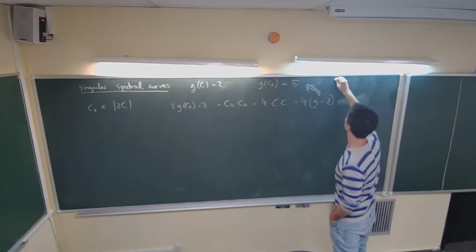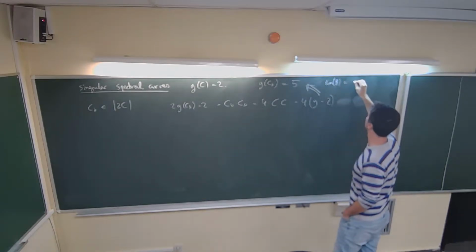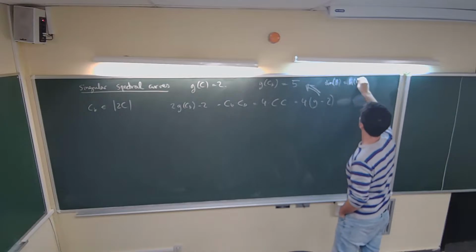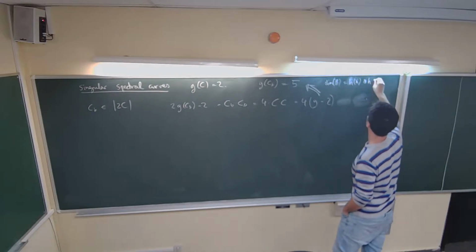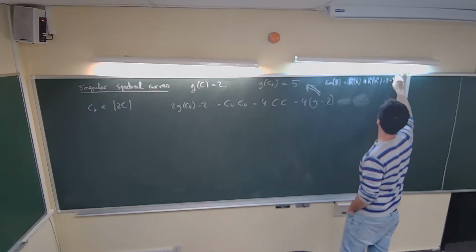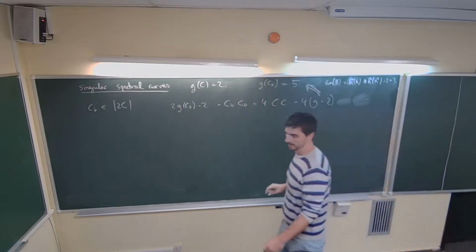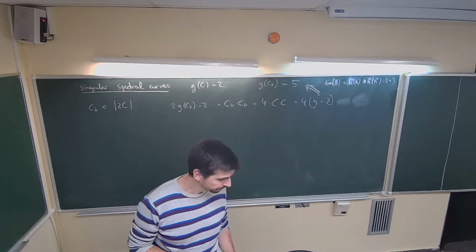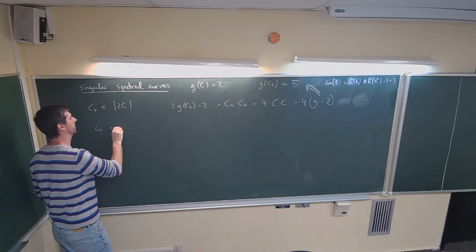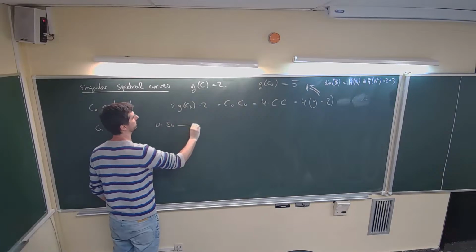This is good because the dimension of B, if we recall, is h_k plus h_0 k squared. This is 2 plus 3, right? So it matches. We consider C to be singular. We consider its normalization.